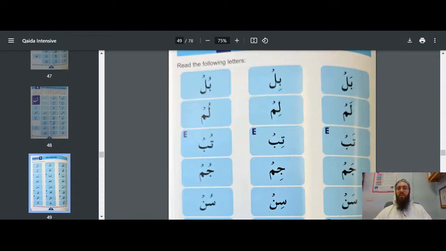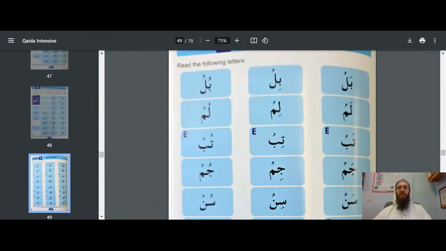So this is a ba with a fatha, so it's ba, and then we practice the al, the starting a sound and then having a lam with a sukun. So we know how to make that. Now it's bal or bil, the second one. Third one, bul.